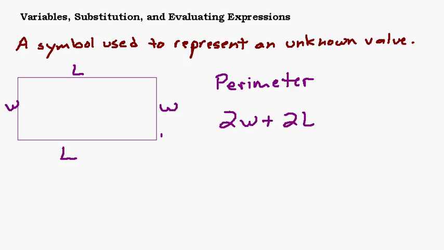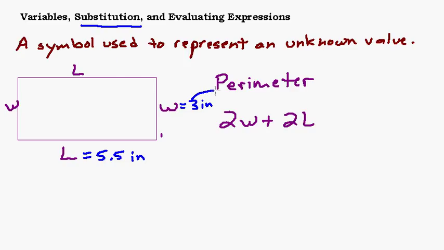So let's say we know that the length is 5.5. Let's make it a frame. So we'll do 5.5 inches like a small frame, and the width is 3 inches. So to find the perimeter, we're going to substitute. This is the substituting part now.